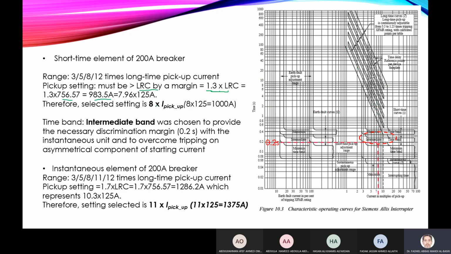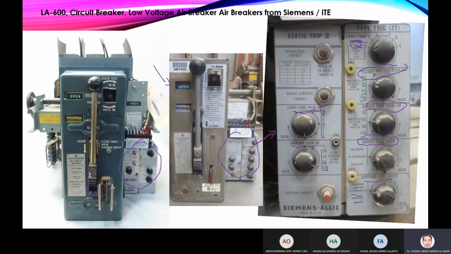In percentage of this current, 1.3 times represents almost 8 times the long time pickup setting. So I'll set the short time pickup at 8 times.